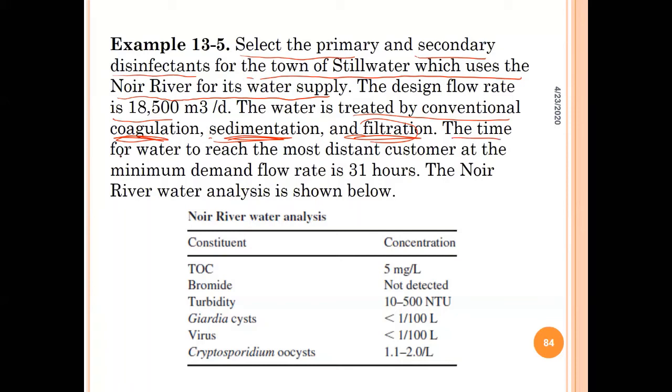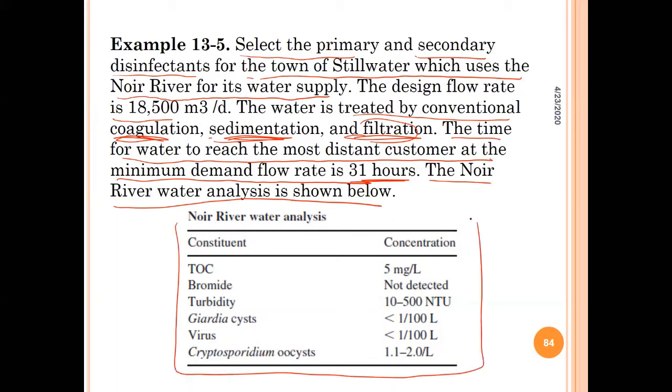The time for water to reach its most distant customer at the minimum demand flow rate is 31 hours. The Novier River water analysis is given below. So you can see here it has TOC. It doesn't have any bromide. It has turbidity. It has Giardia cysts, virus, and Cryptosporidium oocysts.